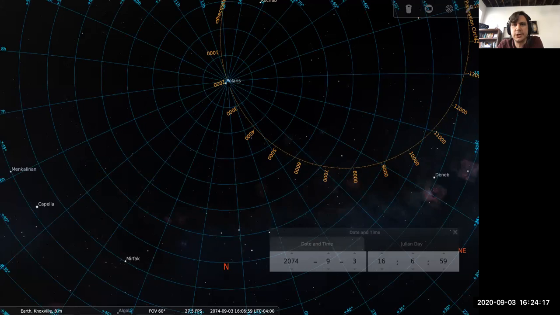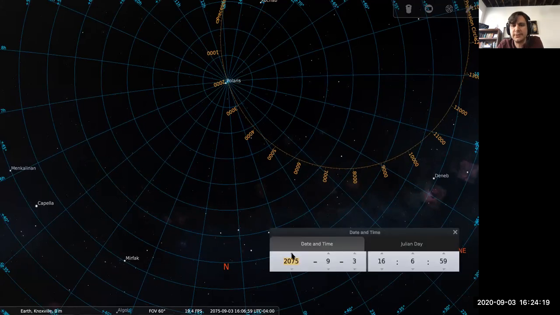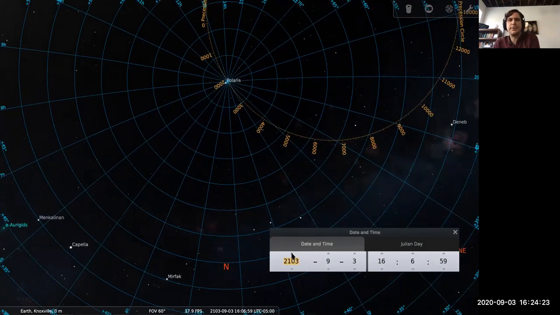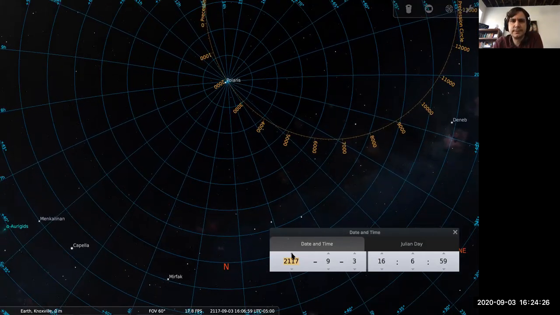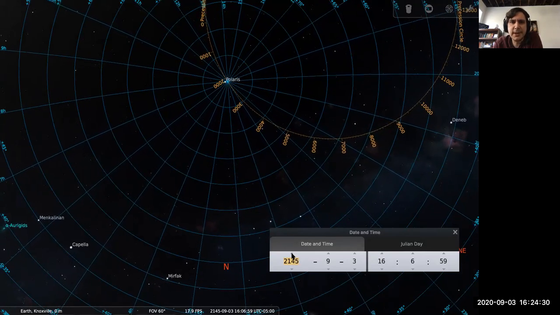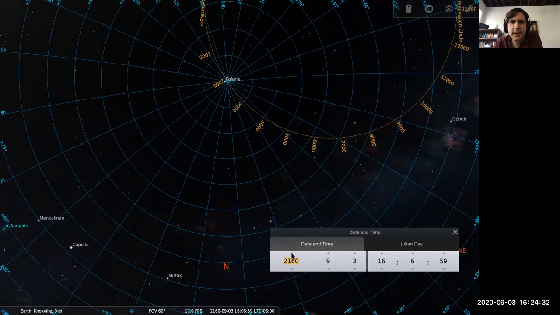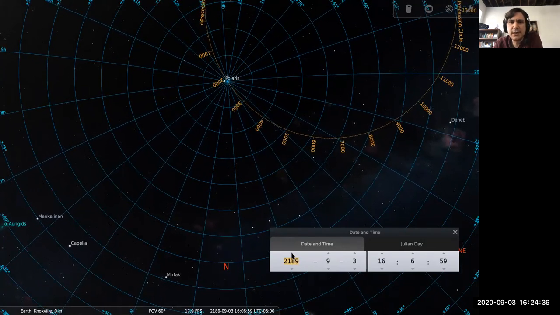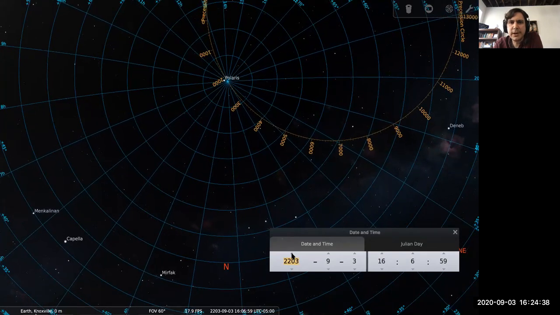There's our North Celestial Pole. It hasn't really changed because I've only gone about 50 years in the future. Wait until this becomes a couple of centuries. And you can probably start to see just a little bit that the North Celestial Pole, where all those lines converge, is moving slowly away from Polaris.